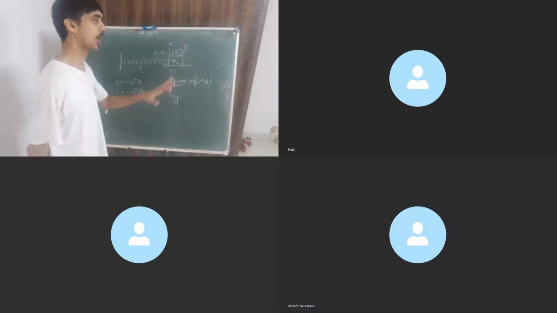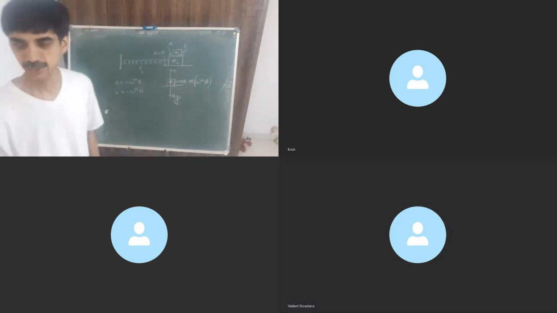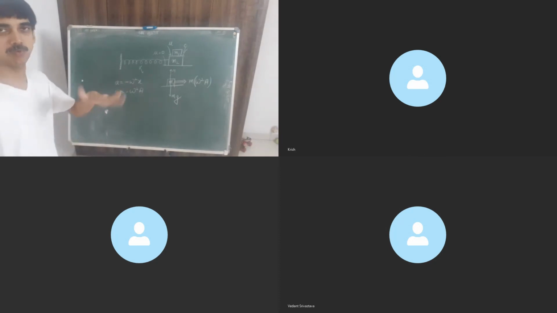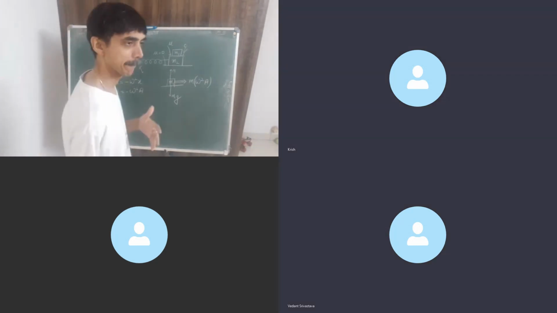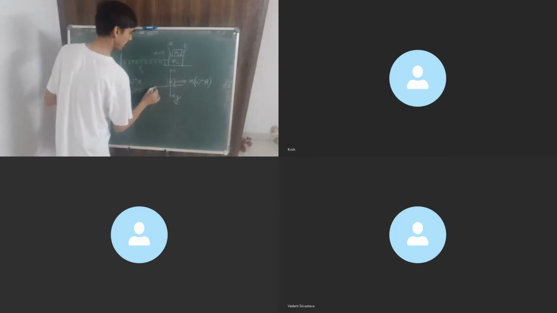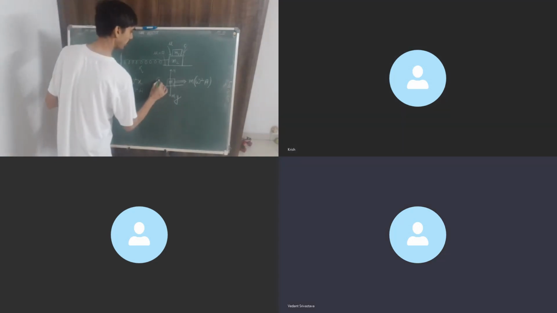And this block should not move as seen by me. I am on M2. There should not be any relative motion between them. So which force can arrest pseudo force? Of course, force of friction.